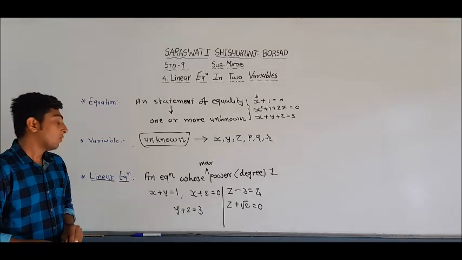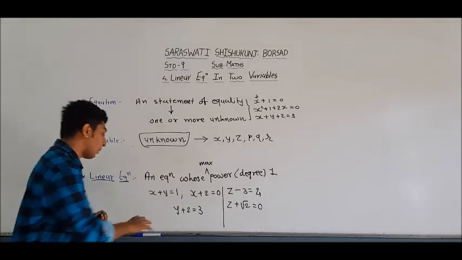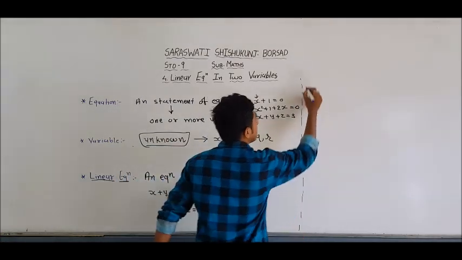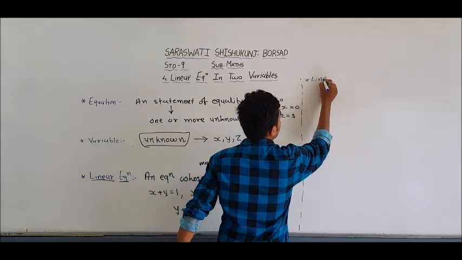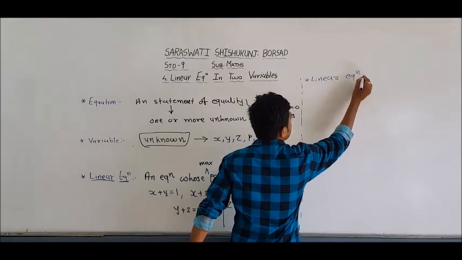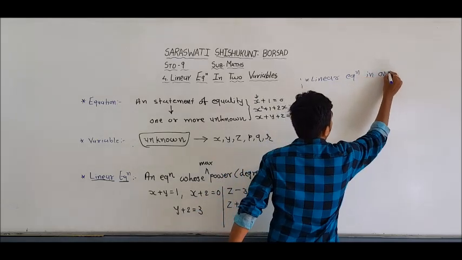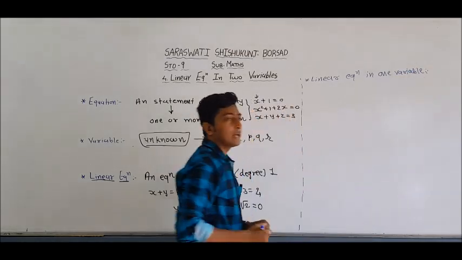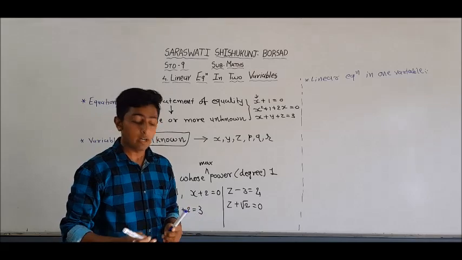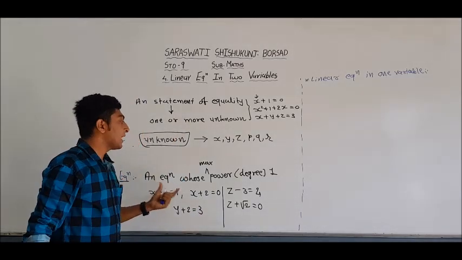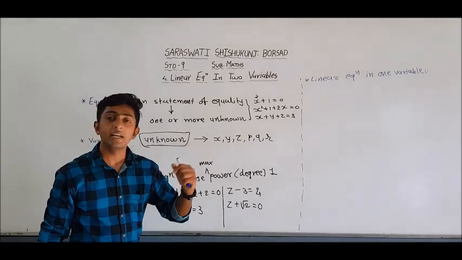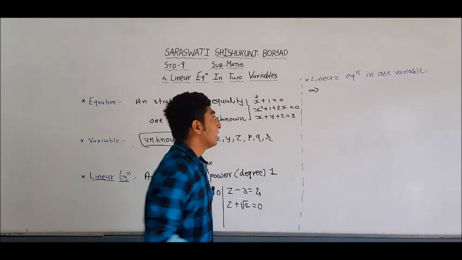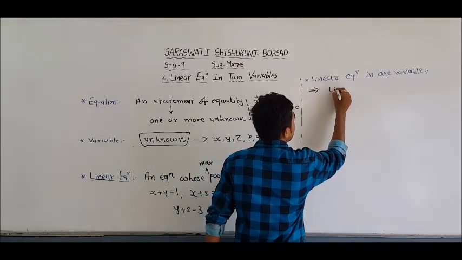So these are all examples of linear equations. Now let us see what a linear equation in one variable is. Friend, we know that a linear equation is an equation whose maximum power or degree is 1.